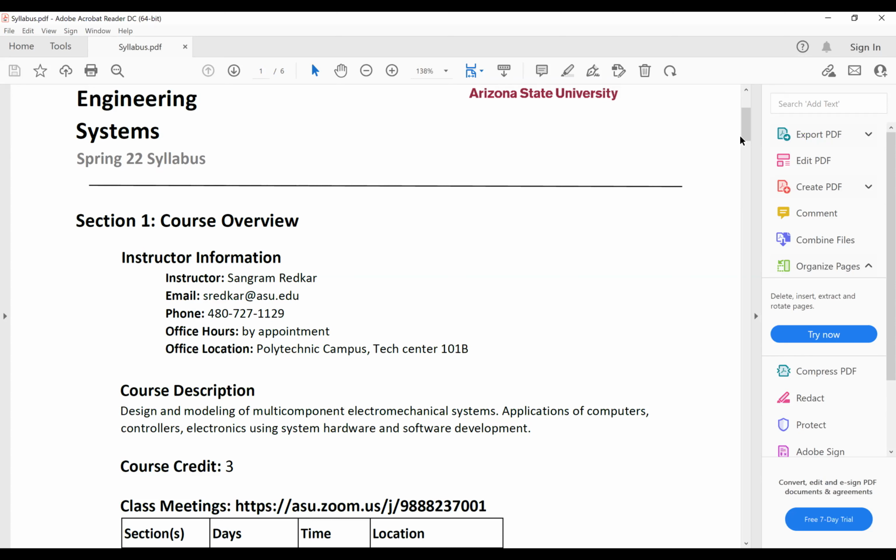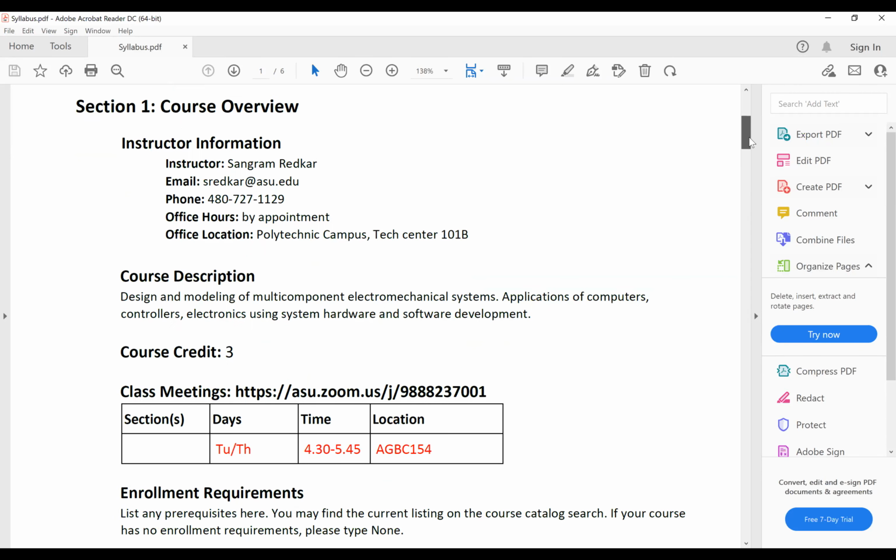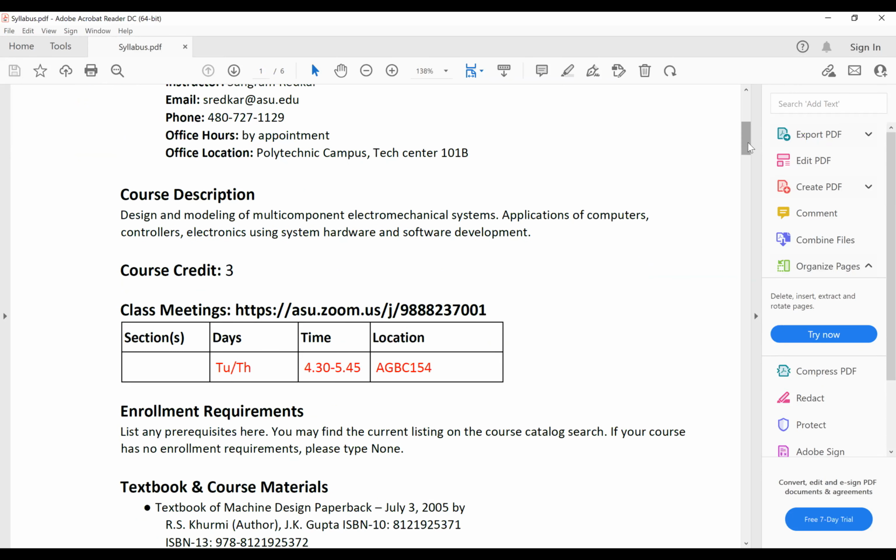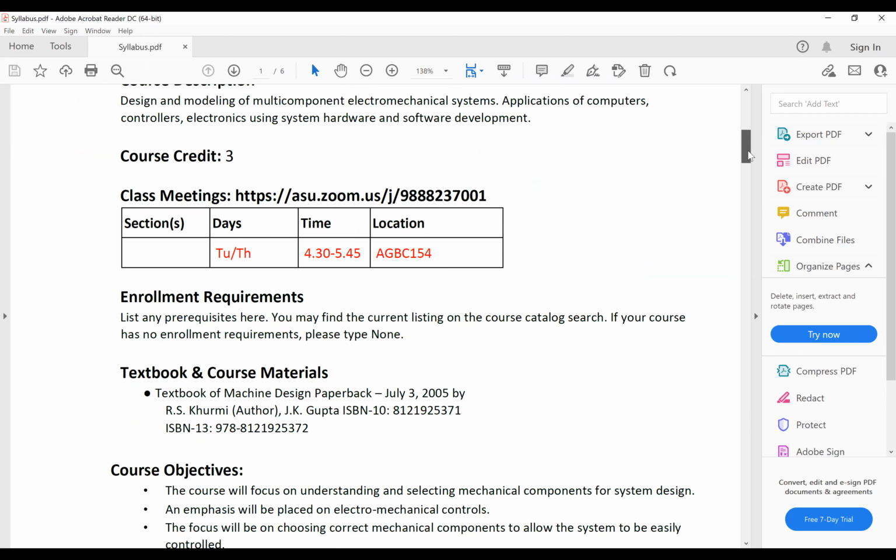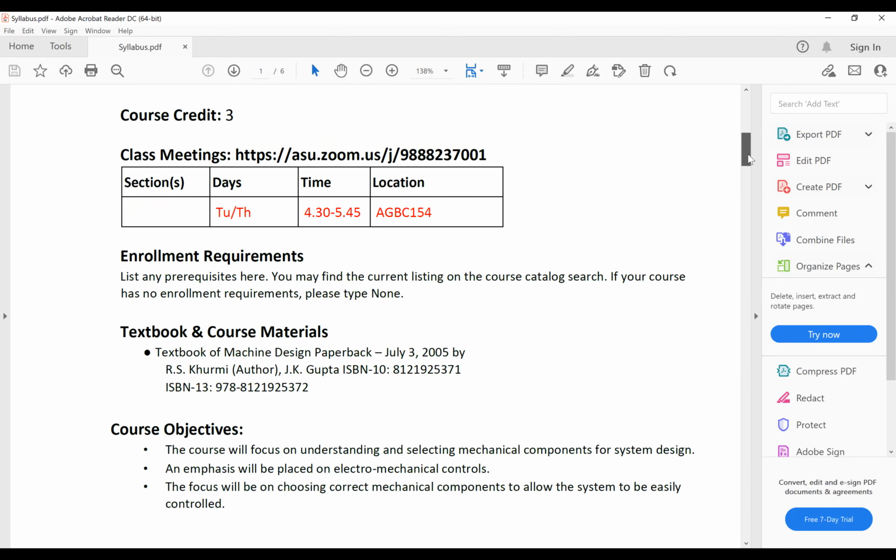Course description: we are going to talk about design and modeling of multi-component electromechanical systems, computers, controllers, electronics, hardware, software development, and so on. So this would be a step further from the design class that you took, EGR445, I believe that was with Dr. Nam, and EGR343, which is mechanics of material.